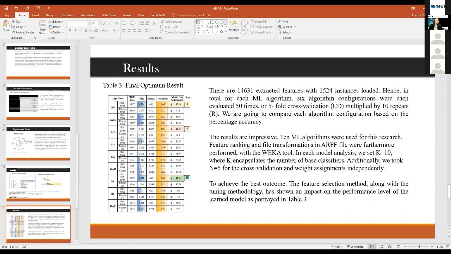In each model analysis, we set the K value to 10, which encapsulates the number of base classifiers, and we took n equal to 5 for cross-validation and weight assignments independently. To achieve the best outcome, the feature selection method along with the tuning methodology made an impact on the performance level of the model, as portrayed in table 3.